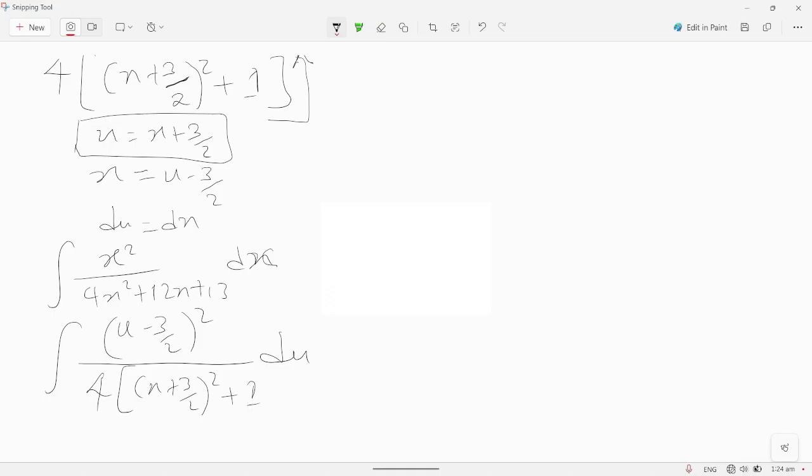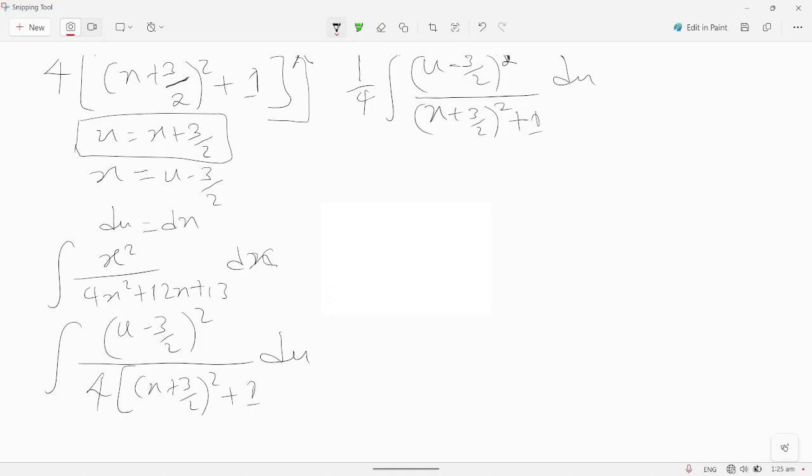From this, we can simply factorize the 4 from here. So we're going to have 1 over 4, u minus 3 over 2 squared over x plus 3 over 2 squared plus 1.